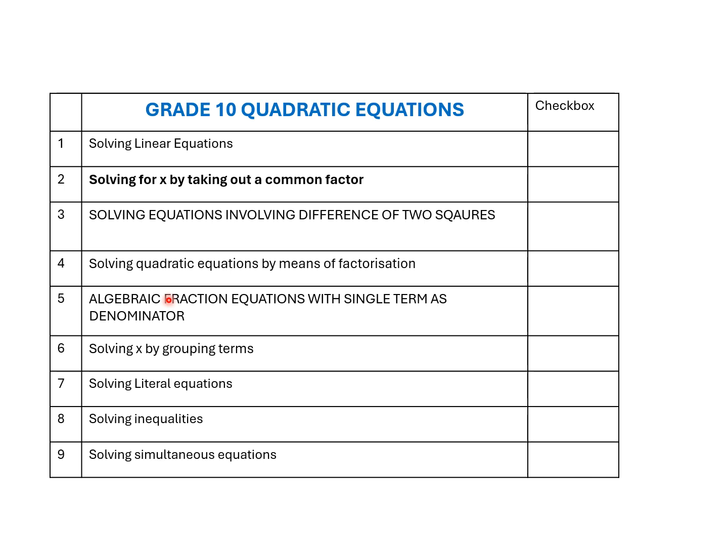Then we're going to look at the easier fraction problems where we have algebraic fraction equations with single terms as denominators. Then solving x by grouping terms. Then we're going to make items the subject of the formula while solving literal equations. Literal equations are the equations we use in physics, some of them in maths when we calculate area, etc. Right, and we must know how to manipulate these equations.